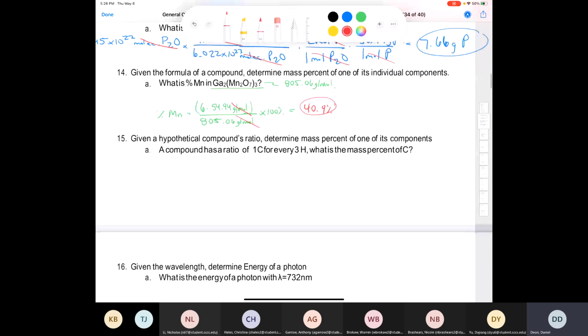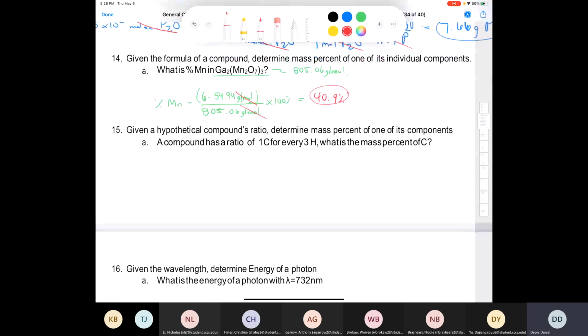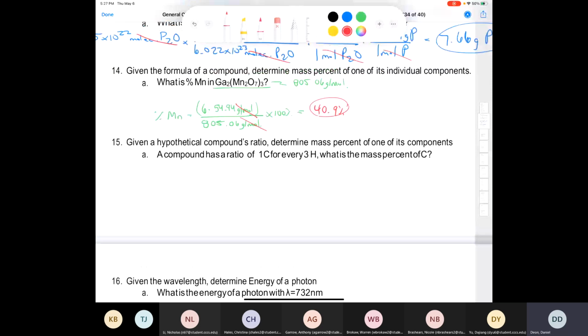It says, given a hypothetical compound's ratio, and I think it means ratio of elements, determine the mass percent of one of the components. So let's say you have a compound that has a ratio of 1 carbon for every 3 hydrogens. What's the mass percent of carbon? Well, the mass percent of carbon is going to be equal to the mass of carbon divided by the total mass, multiplied by 100%.